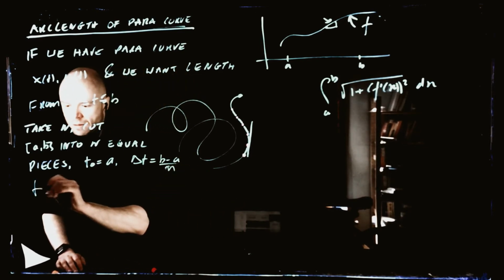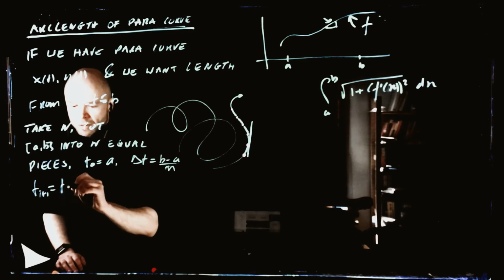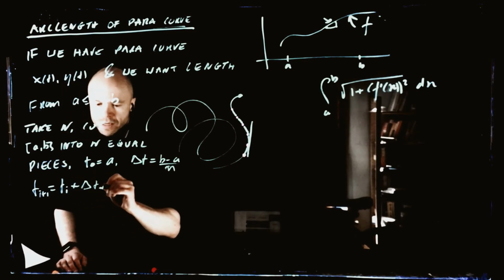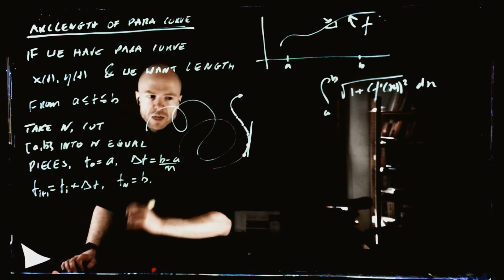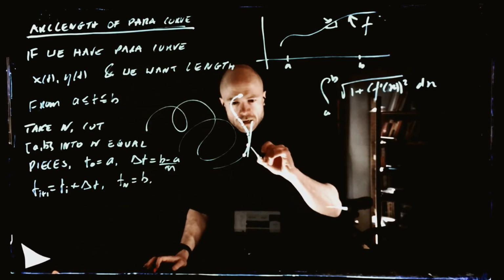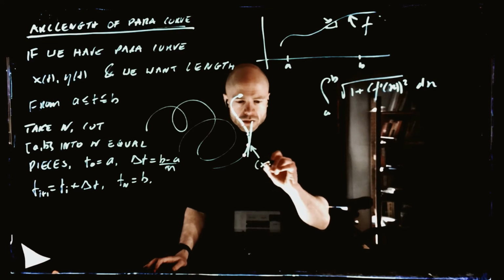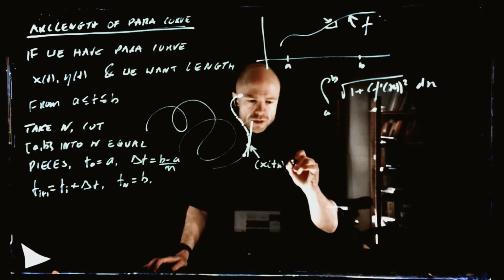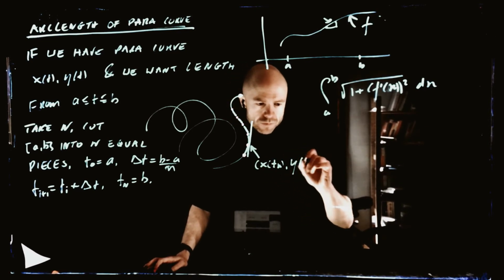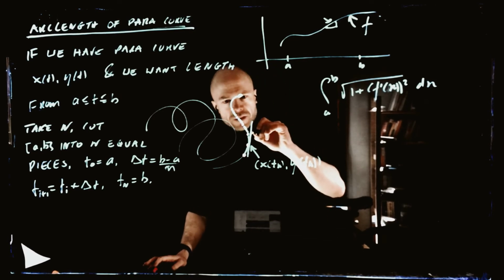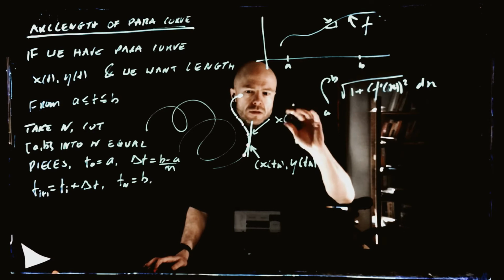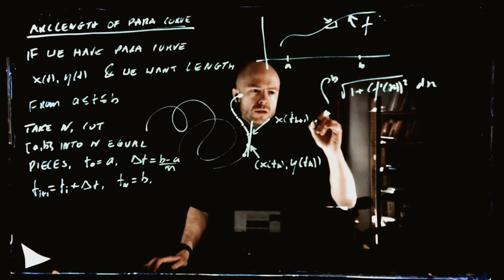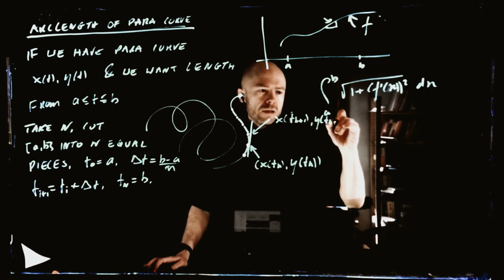And then t(i+1) is equal to ti plus delta of t, and therefore tn is just the last time. So this point right here could be x of tk, y of tk, and this one here is x of t(k+1), y of t(k+1).